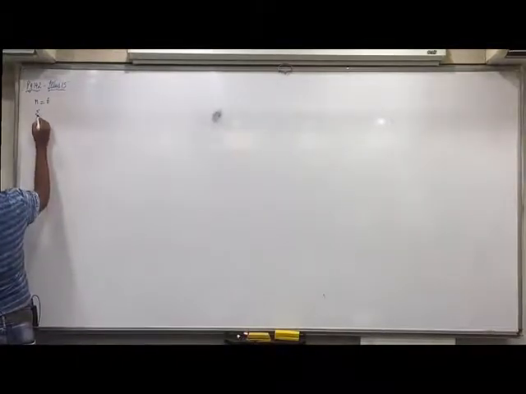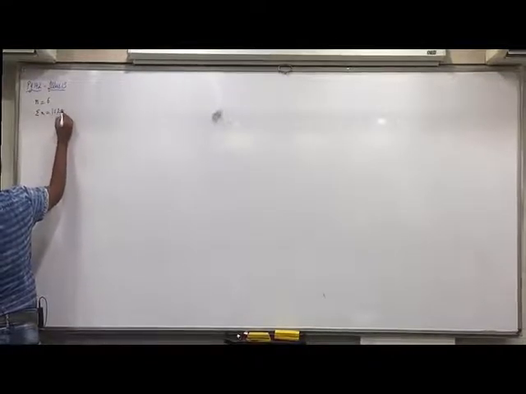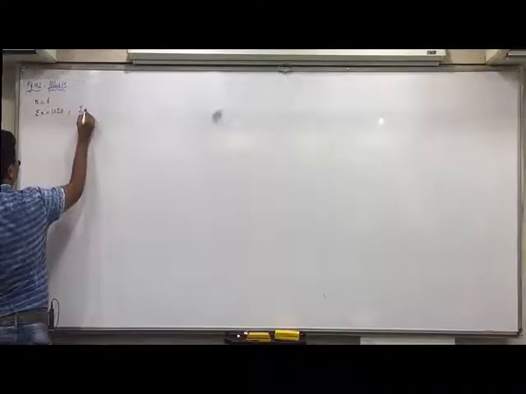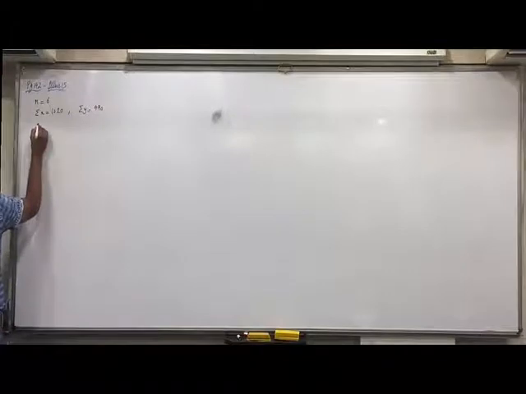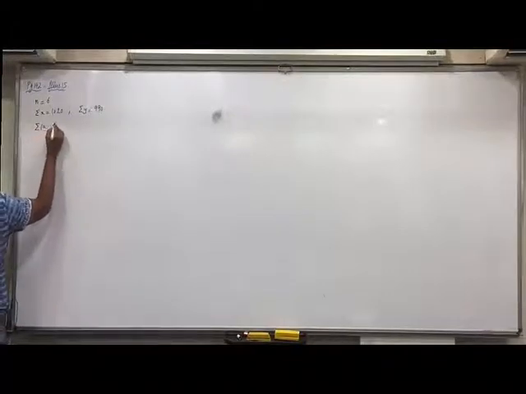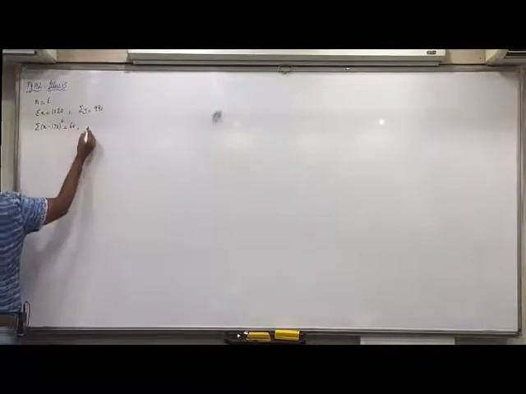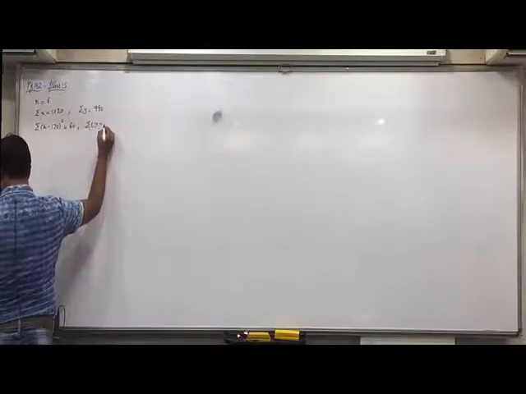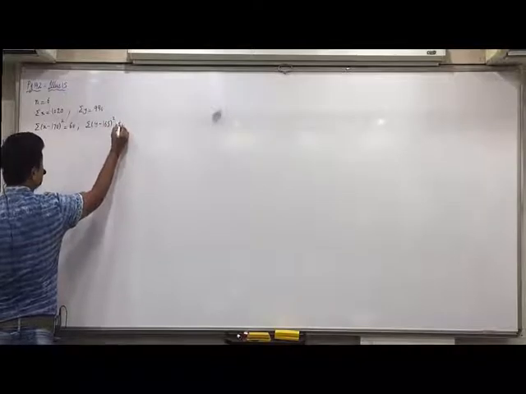Sigma x is equal to 1020. Sigma y is equal to 990. Sigma (x minus 170) whole square is equal to 60. Sigma (y minus 165) whole square is equal to 105.